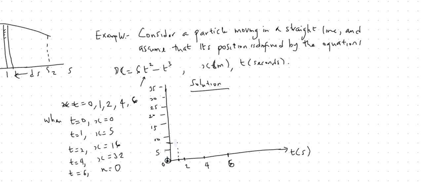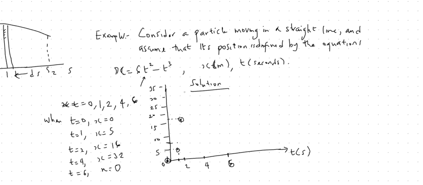So let's take it again. When t is 0, x is 0, the first one is still correct. When t is 1, x is 5, so it's here. When t is 2, x is 16, so 16 is just above this. When t is 4, x is 32, so 32 is somewhere around here.